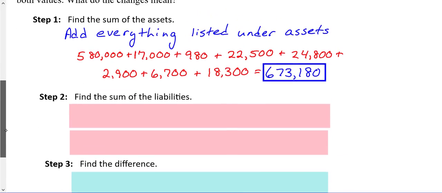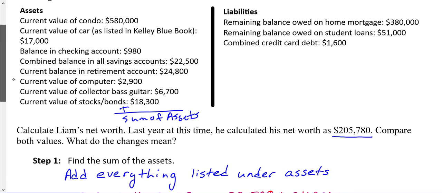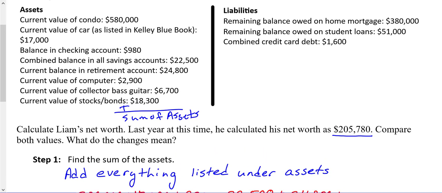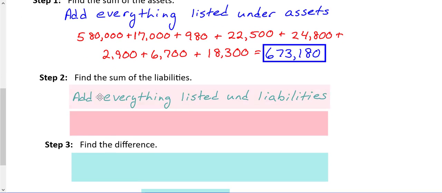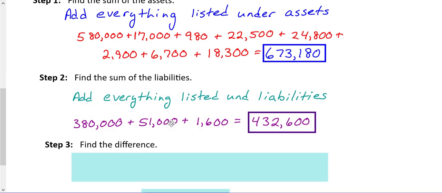We next need to find the sum of the liabilities. This is what we owe. So we look at the right side of the column and we want to find the total liabilities. So that would be adding everything to find the total liabilities. And that gives us a total of $432,600.